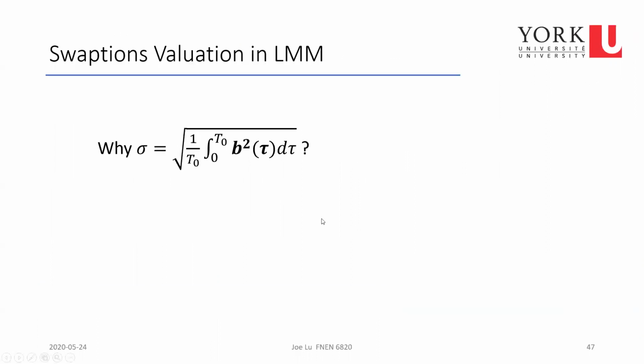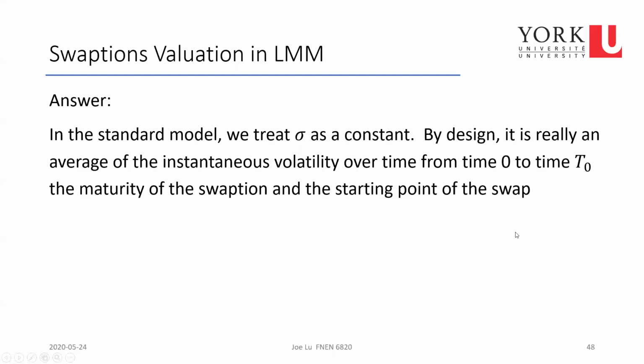Now, why can we really do this in the valuation to get this sigma here? Well, in the standard model, we basically assume that sigma is a constant, but we don't have to make that restrictive assumption.